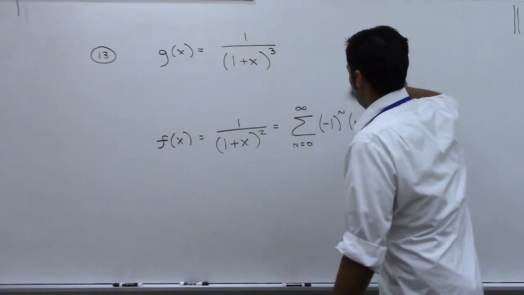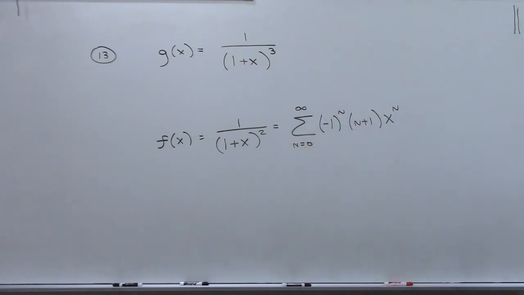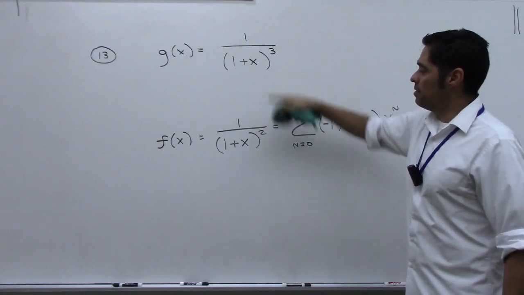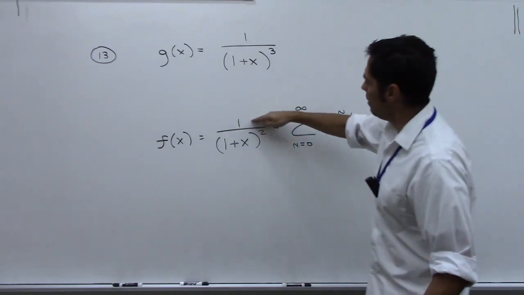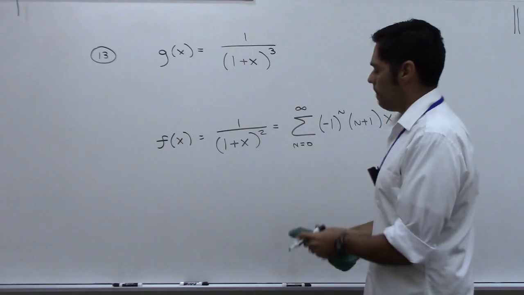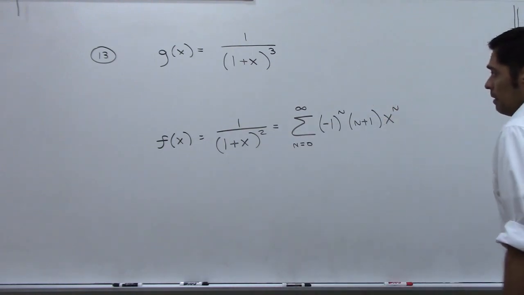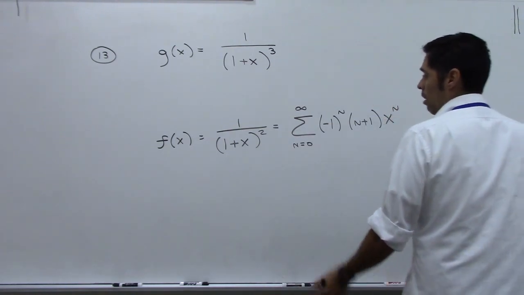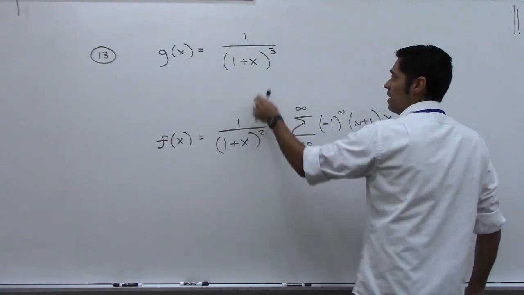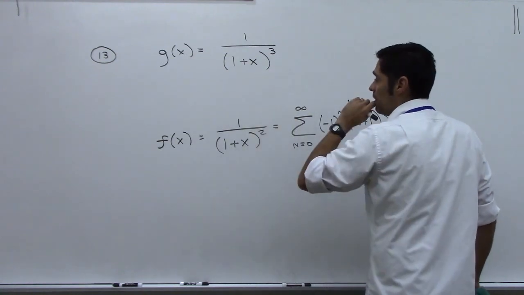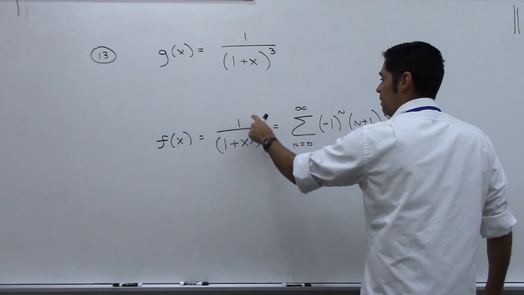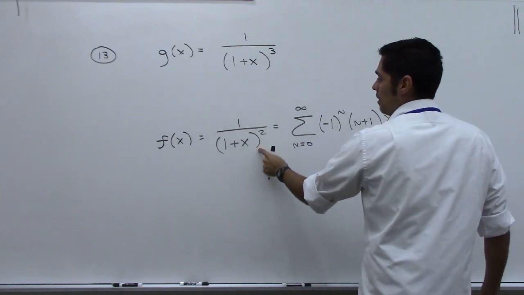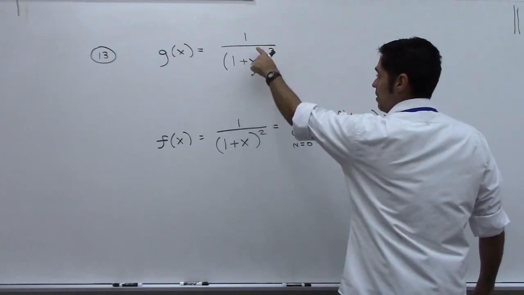So that's what we have so far. We want to know what the power series for this one is. So again, what I'm going to do is somehow connect these two together using a derivative. So our question to ourselves is how is this connected in terms of a derivative? So let me differentiate this and see if the derivative of this is that.